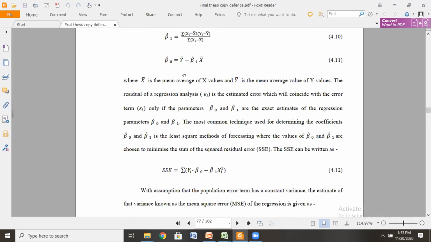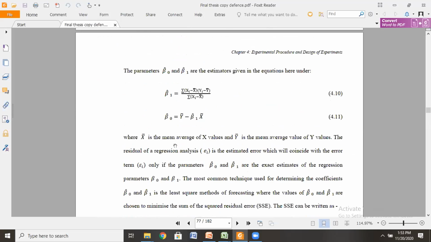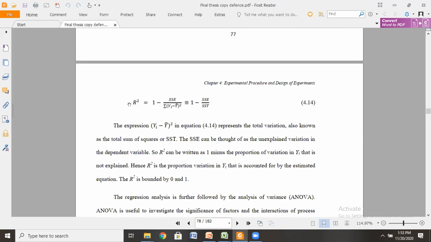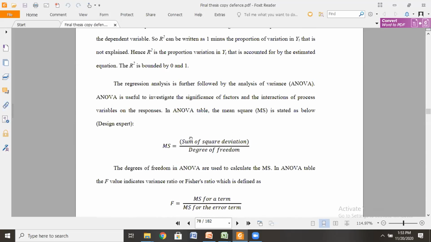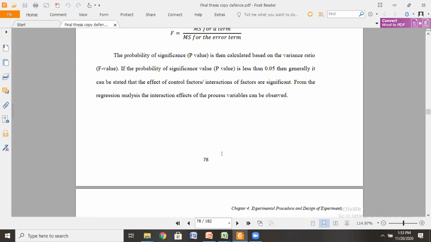But if you want to do it yourself in an Excel sheet, you have to include all these formulas. For example, for calculating R square, it is 1 minus SSE by SST, and similarly mean square. How do we calculate the mean square? Sum of the square deviation divided by degrees of freedom. F value is the mean square of a term divided by the mean square of the error term.